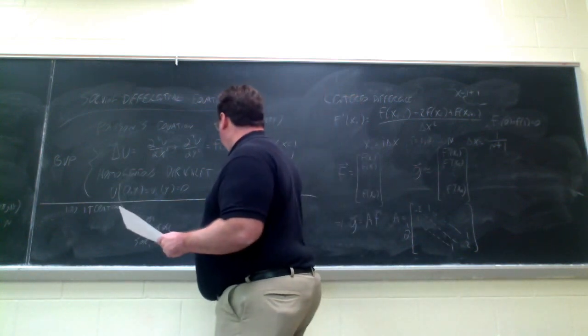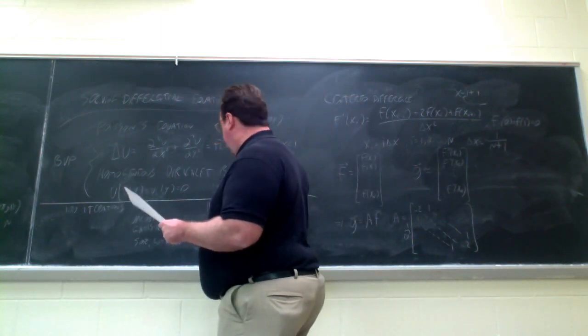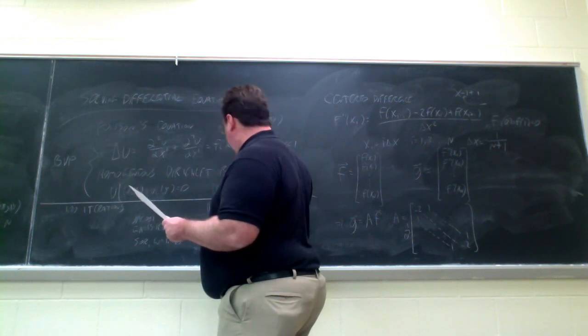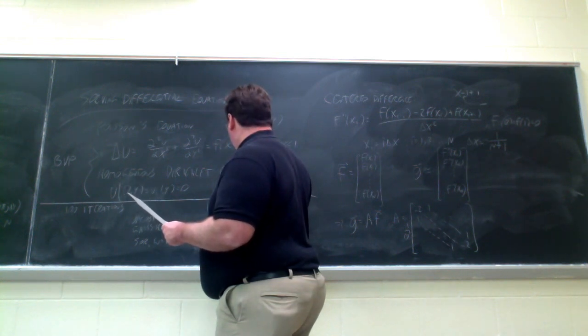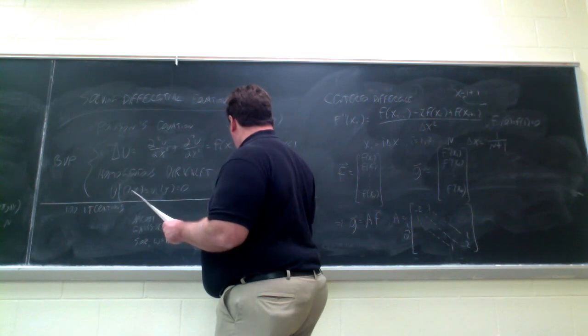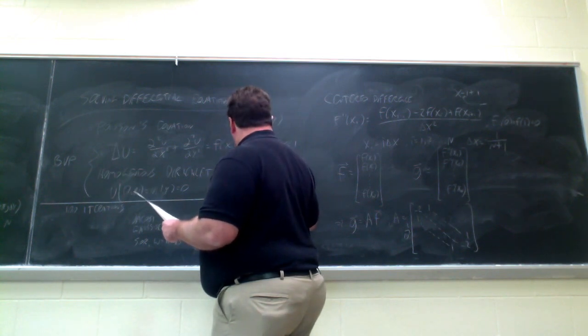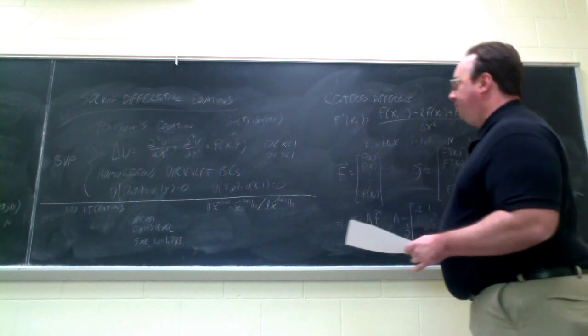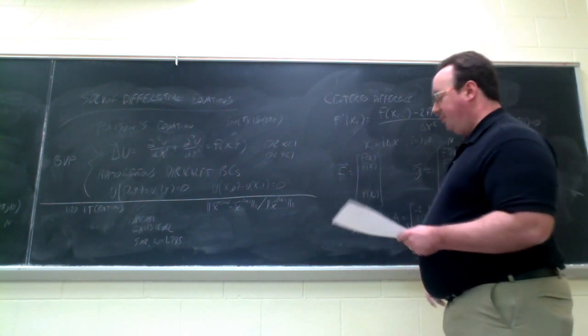The way error is measured is the 100th iterate minus the 99th iterate, 2 norm, relative to the 2 norm of x100. So this gives me a rough error estimate.